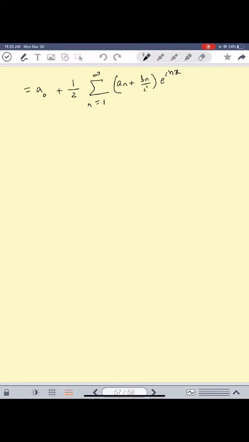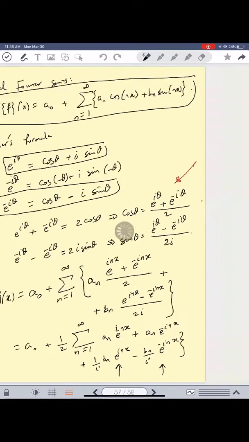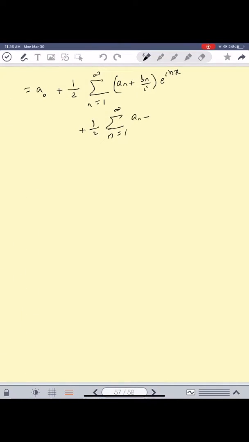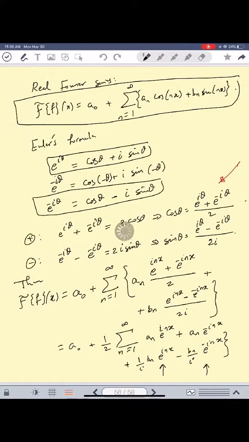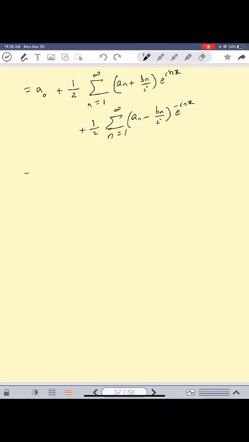Then I'm taking the negative exponentials together, of course everything is multiplied with half: a_n minus b_n over i e to the negative i nx. Is it okay? So we took these two terms together, and we took these two terms together.